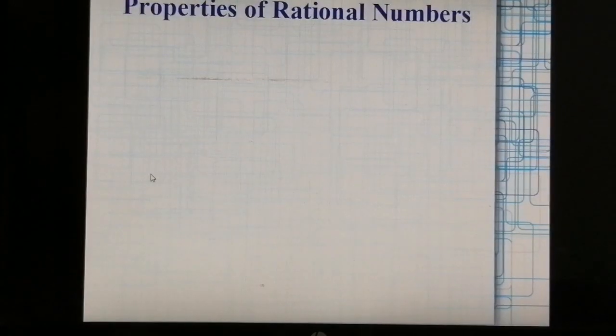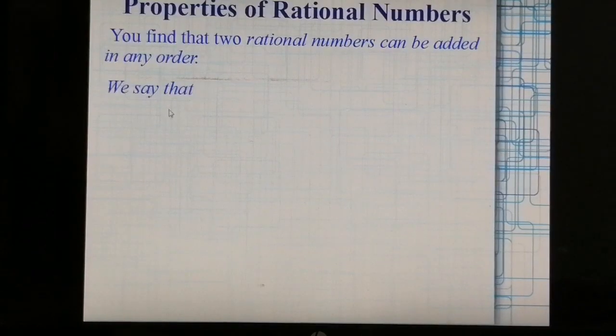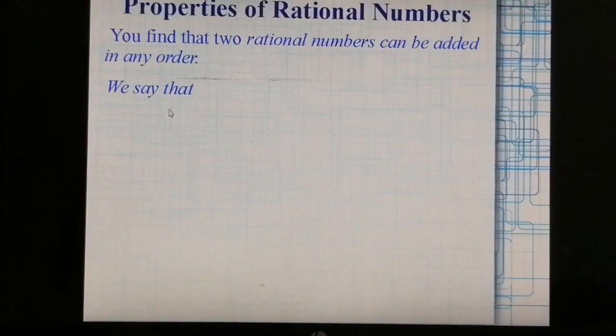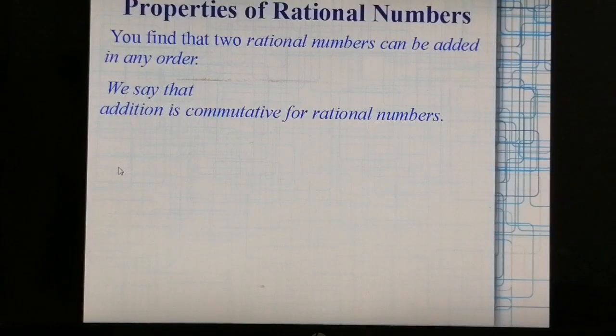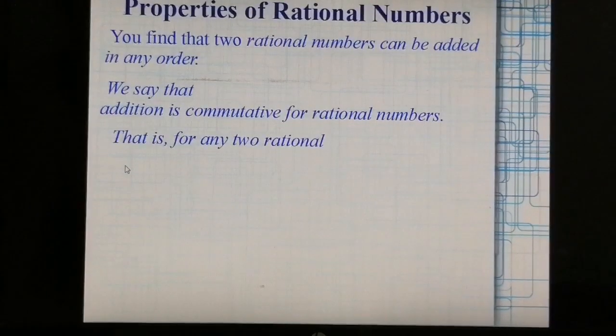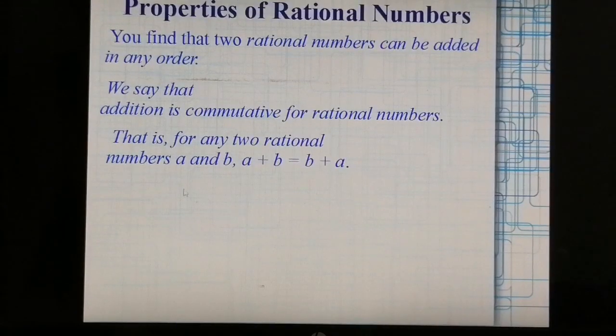Okay, and what do we say? We say that two rational numbers can be added in any order, and that is to say addition is commutative for rational numbers. That is, for any two rational numbers a and b, a plus b is equal to b plus a.